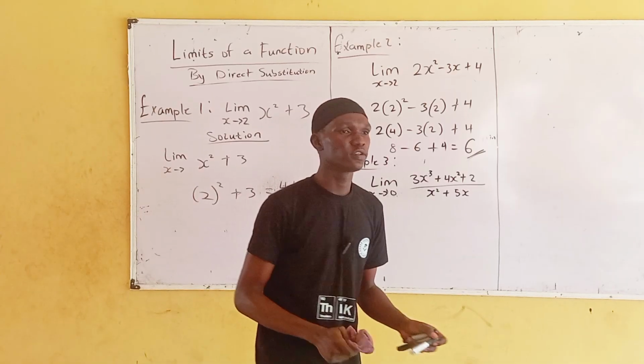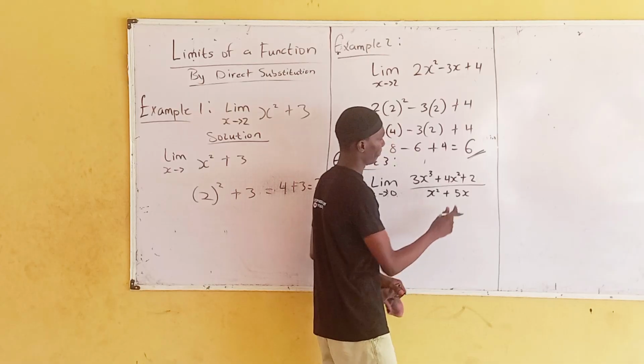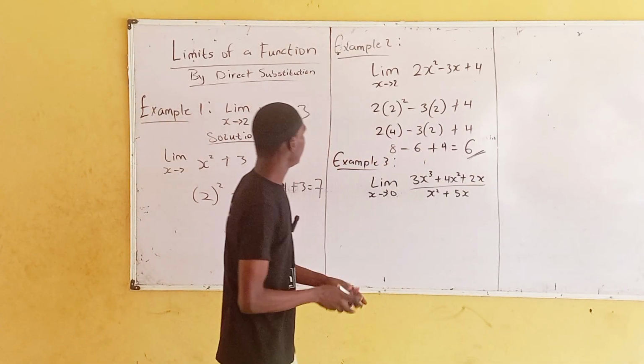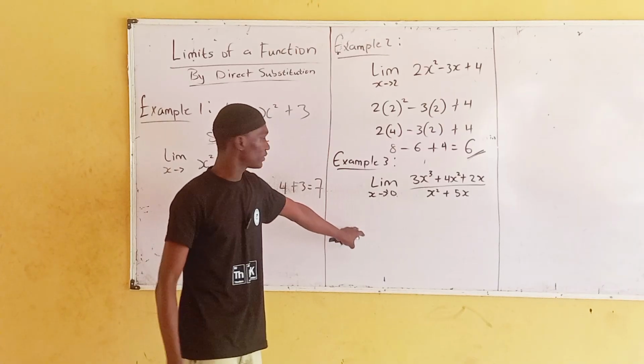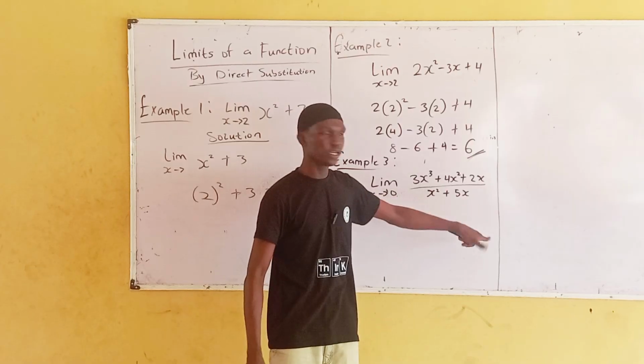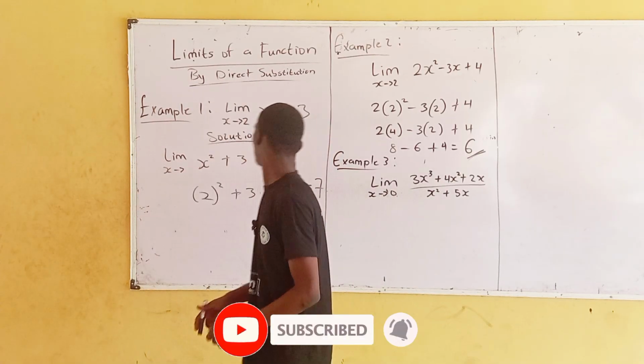All right. Given something like this, you are given lim x tends to 0 of 3x cubed plus 4x squared plus 2x over x squared plus 5x. So what do we do?